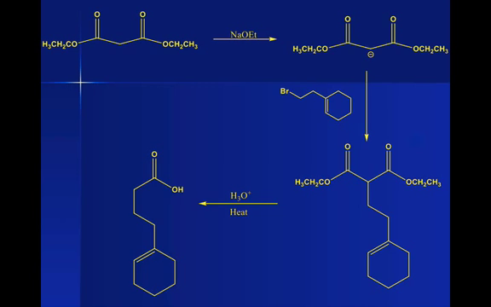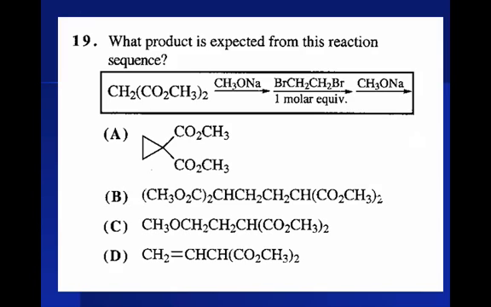Yeah, I hydrolyze the esters to a carboxylic acid, and that diacid then undergoes a decarboxylation to give me the carboxylic acid. So we lose carbon dioxide in the process of this last step that you see here. Okay, so let's continue on. What product would you expect from this reaction sequence?